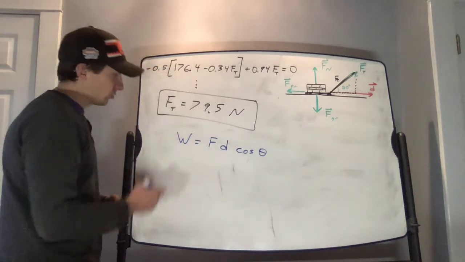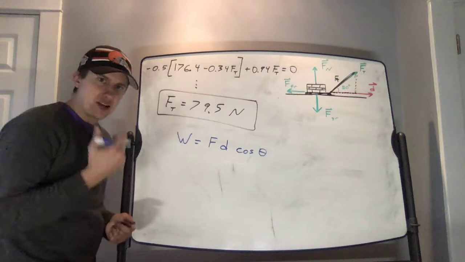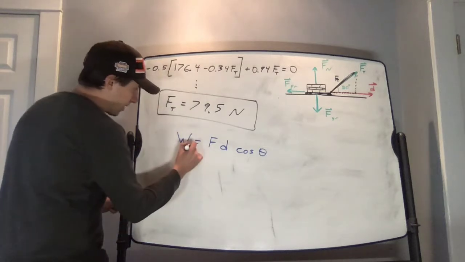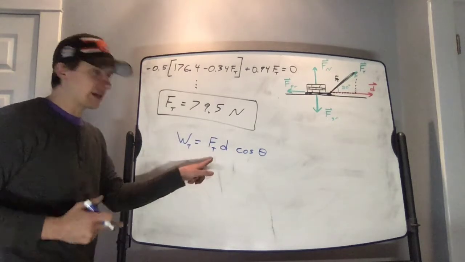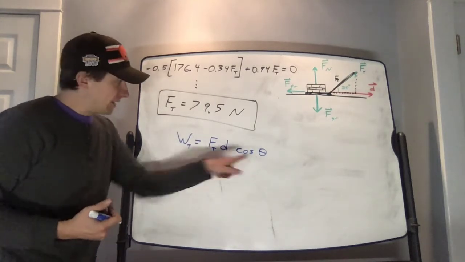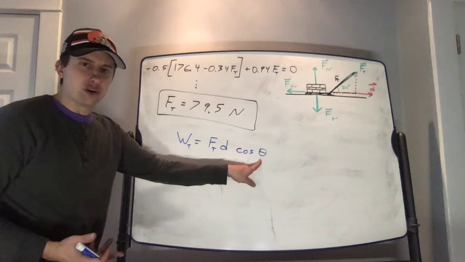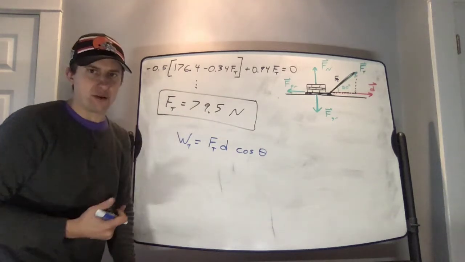Now, in this particular question, we are asked about the tension force. So if I'm asking about the work done by tension, I'll have the force of tension be my force here.